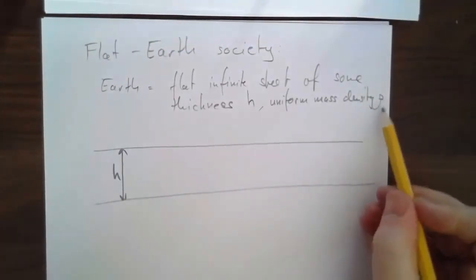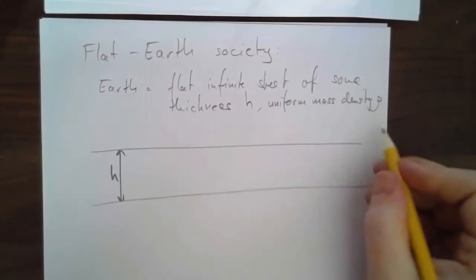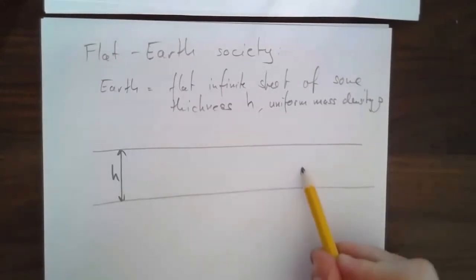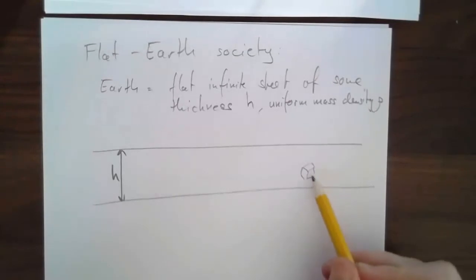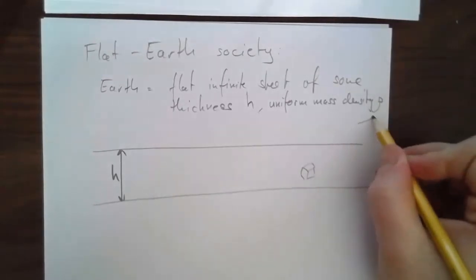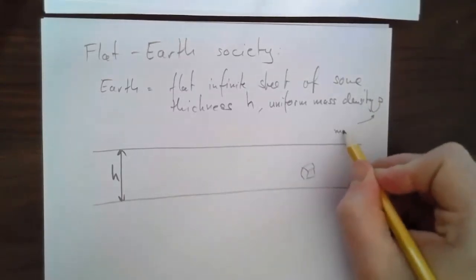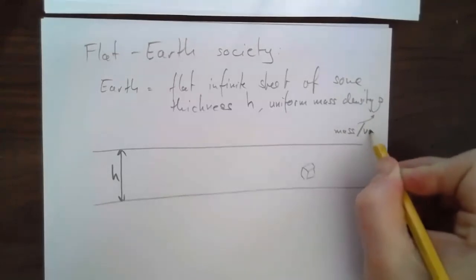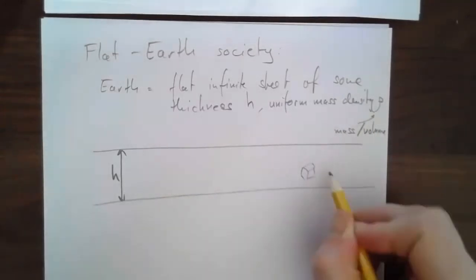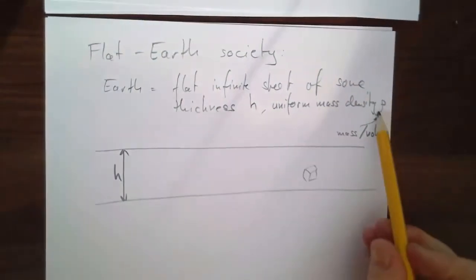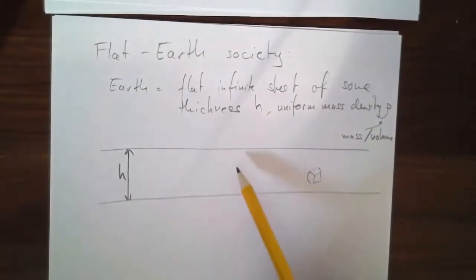So Greek letter rho looks a bit like a curly P. So what this is saying is that pick a cube of Earth here. What is the mass per volume? Like 1 cubic meter, how many kilograms of Earth is in that? That value, let's call it rho, is constant everywhere.